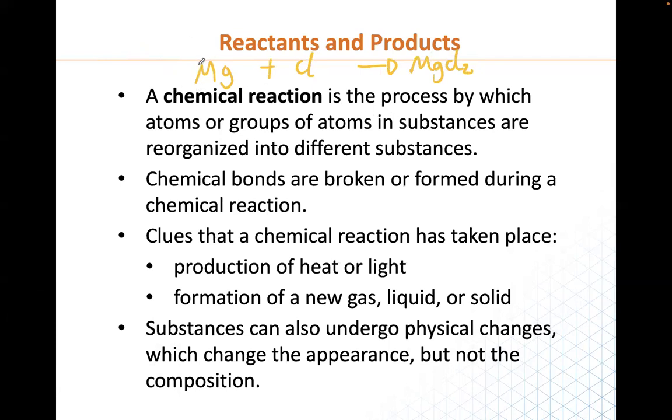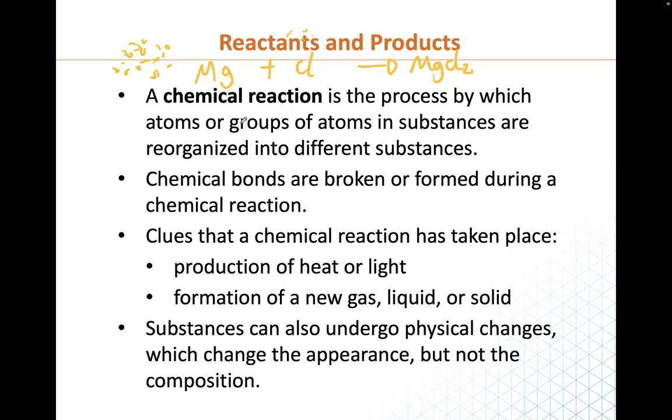Magnesium is an element, so it's going to react with chlorine. Before the reaction, there will be a breaking down of the atoms of magnesium into smaller particles, and the substances of chlorine will also be broken down into smaller particles.